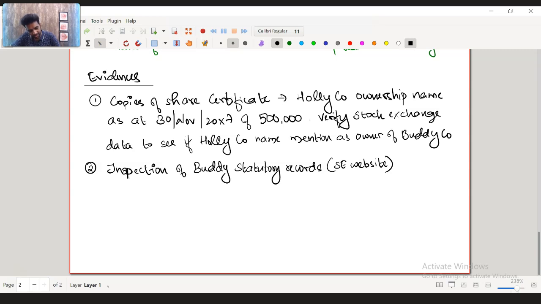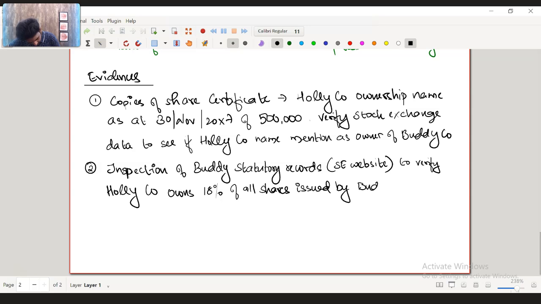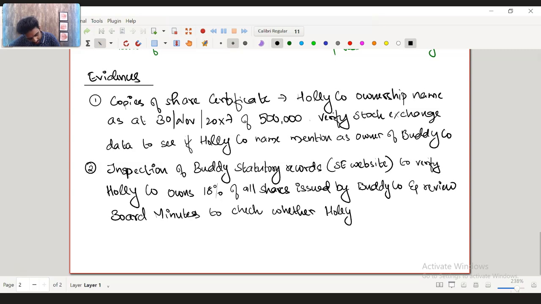So we need to ensure, through inspection of the statutory records, that Wholly Company owns 18% of all shares issued by Buddy company, and review board minutes to check whether the holding company has any significant influence over Buddy company.